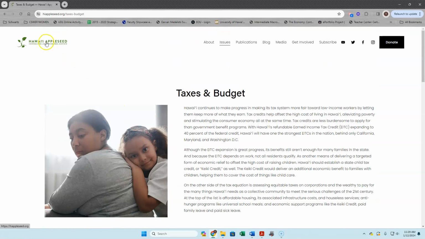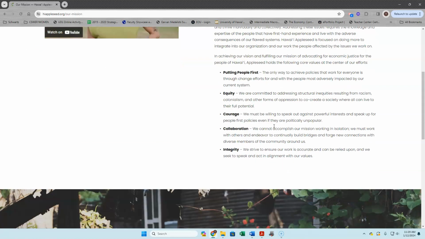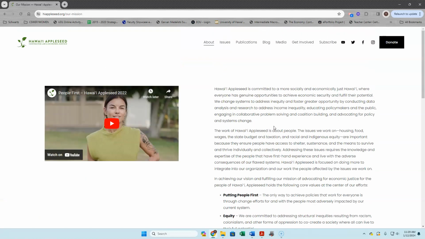Again, the Appleseed Foundation will focus on a bit more of a point of view, I guess is the best way to put it. Nothing wrong with it. They certainly would have economists expressing their points of view and working towards these things. But at the same time, it is a point of view.